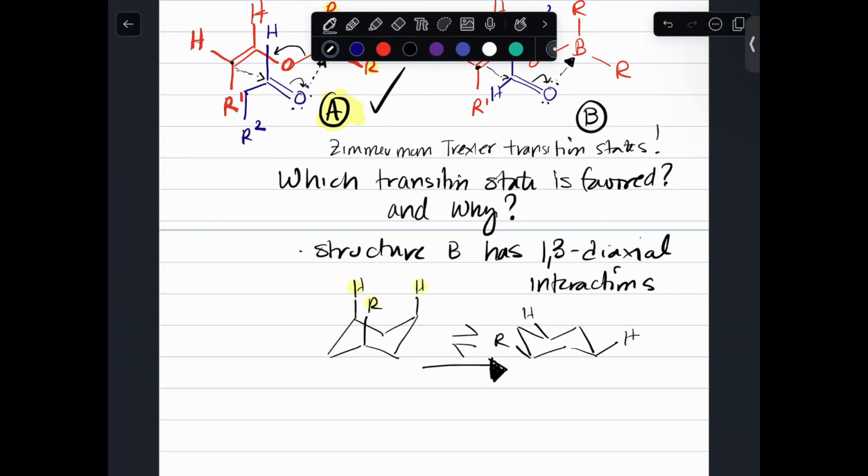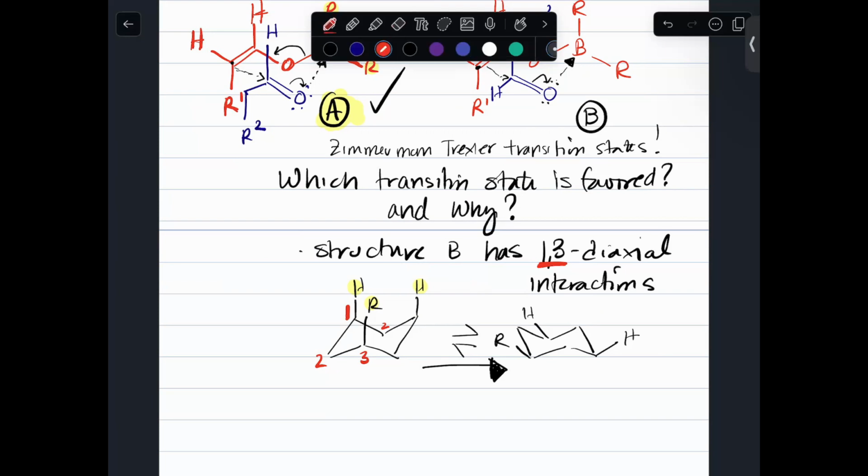Please make sure you review that. 1,3 diaxial interactions. The numbering has nothing to do with naming the molecule. The numbering has to do between the positioning of the axial substituents. You can start here, and you'll notice that at carbon 3, there's an axial hydrogen. You can start here and notice that on the other side, if I go left, I've got a substituent in the axial. So it's just 1,3 diaxial interactions.